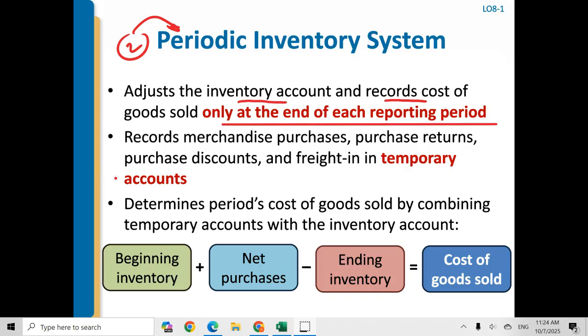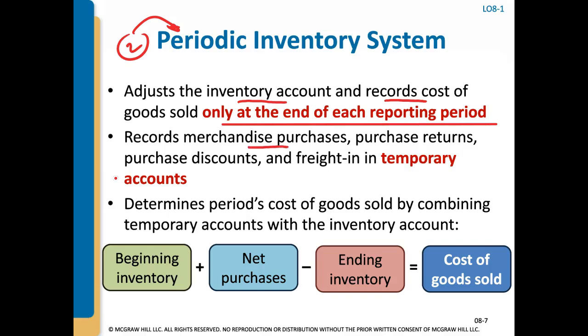So in the periodic inventory system, any merchandise purchases or returns or any discounts and freight in, which is the transportation costs, are recorded into temporary accounts, which are then zeroed out into the cost of goods sold account and actual inventory accounts.